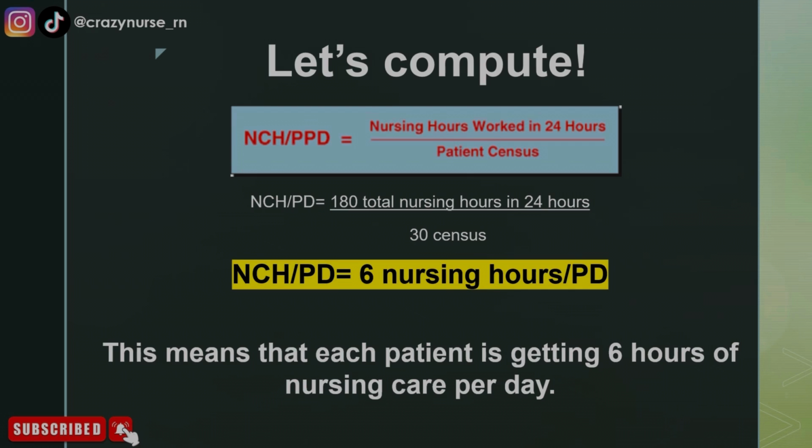That is still acceptable. Make sure that it is not a point higher or a point lower. For example, 5 and below or 7 and above, those are not good numbers. As much as possible, it should be closer to 6.